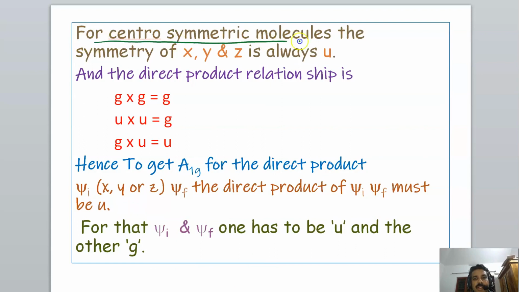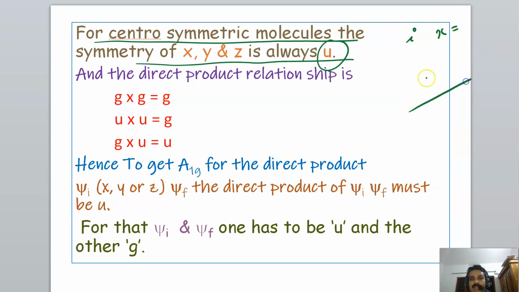Now, we know that for centrosymmetric molecules, the symmetry of x, y, z is always u, or x, y, z transform as u, because during the center of inversion i, x changes its sign. The coordinate x means a point from this one, and it changes to this direction.